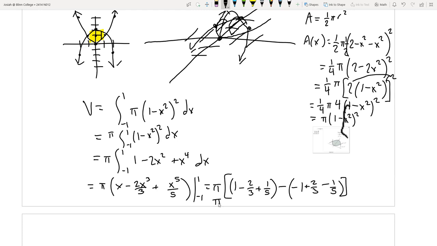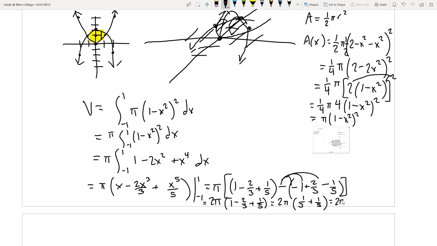So we've got pi times, well, we're going to end up distributing this negative. We're going to get the same thing twice. So I'll go ahead and put a 2 out there because we are getting the same thing twice. So 2 pi, we've got 1 minus 2/3, that's 1/3 plus 1/5.